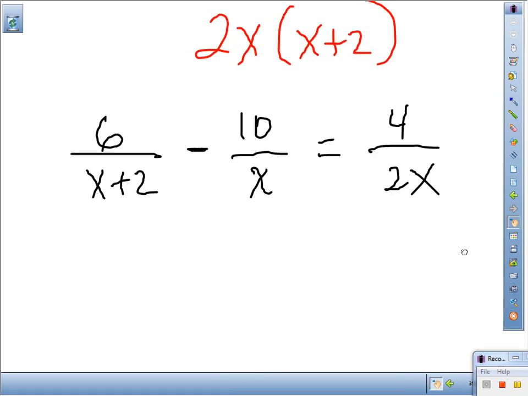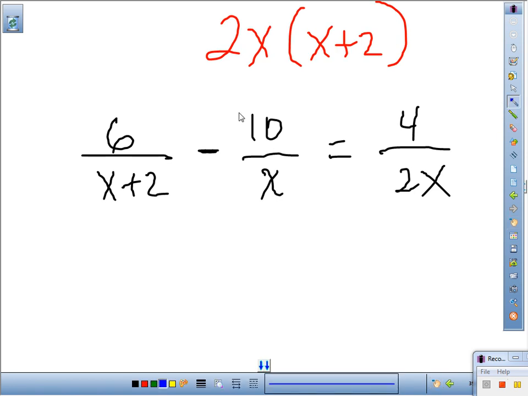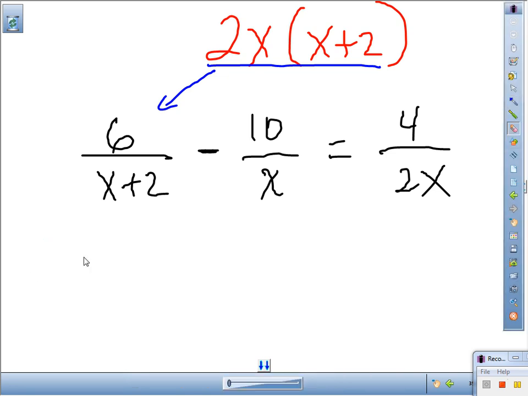Look up, please. Here it goes. The LCD times the first term. So I'm going to write 2x. Oh, hold on. I'm going to use the color so that you guys can have it the same.